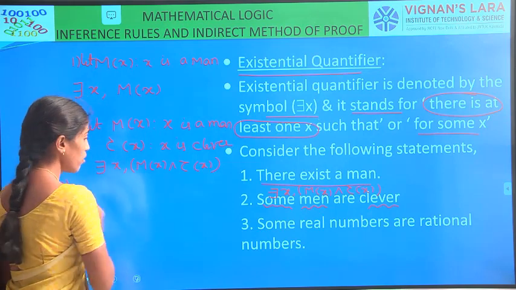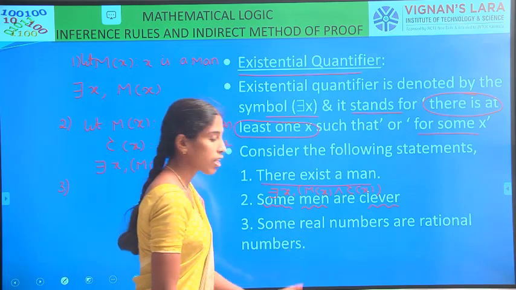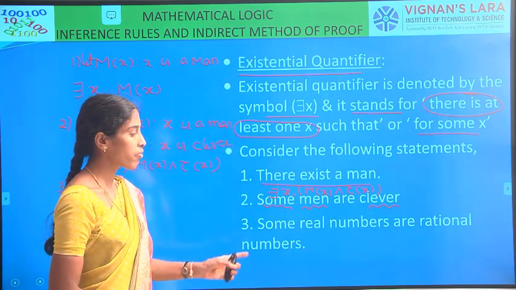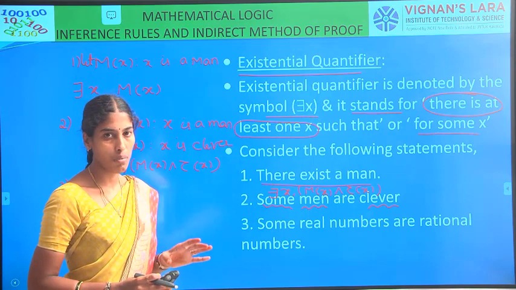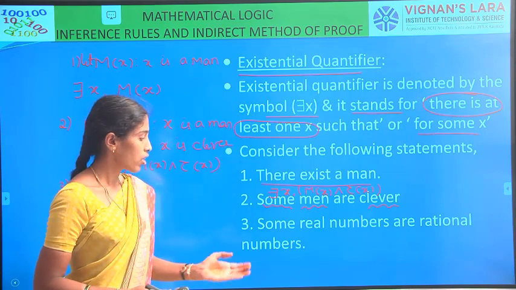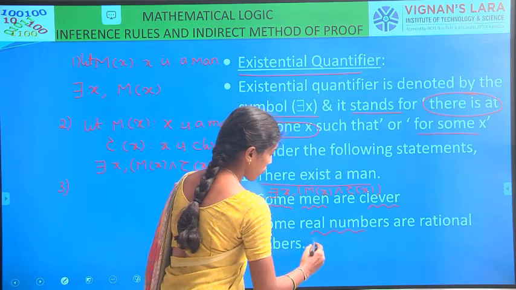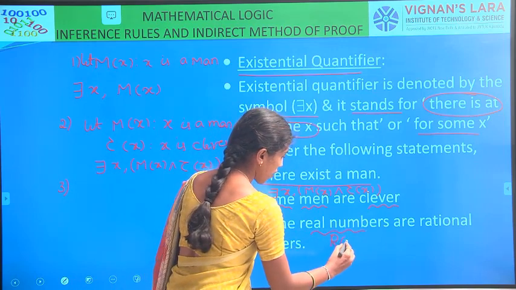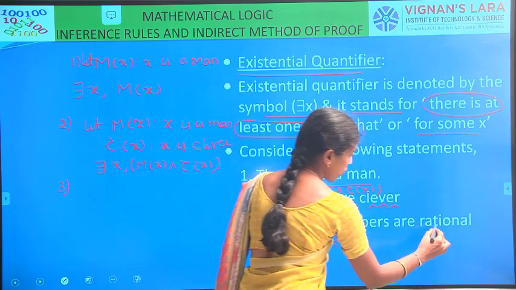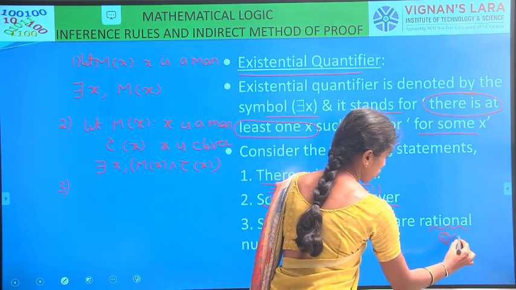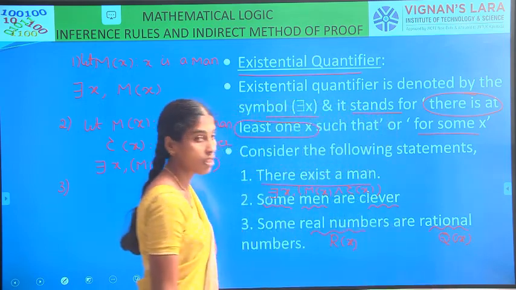Now see the third one. Some real numbers are rational numbers. The meaning of that is only some are rational numbers, some are not, right? If I denote real numbers by r of x, and rational numbers by q of x, right?